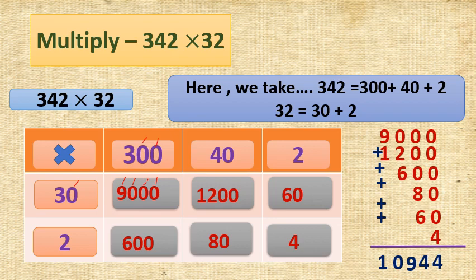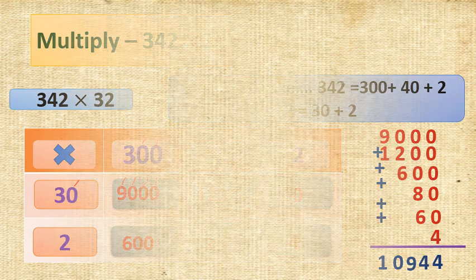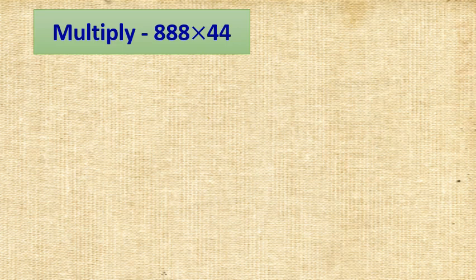One more sum we will try. Multiply 888 by 44. Okay, a 3-digit number by a 2-digit number. So we will write them in the expanded form.